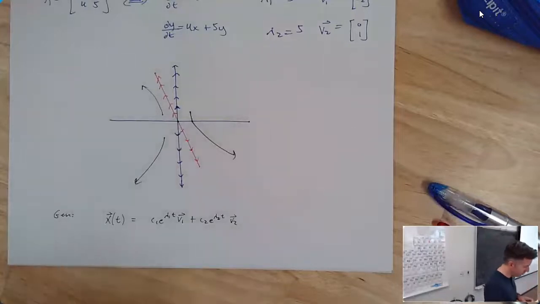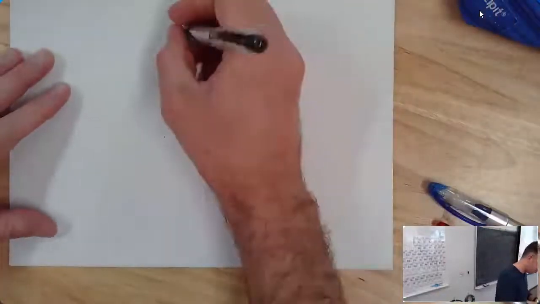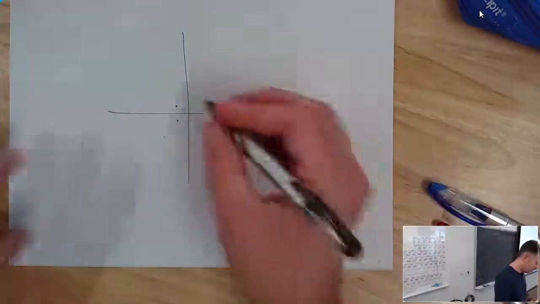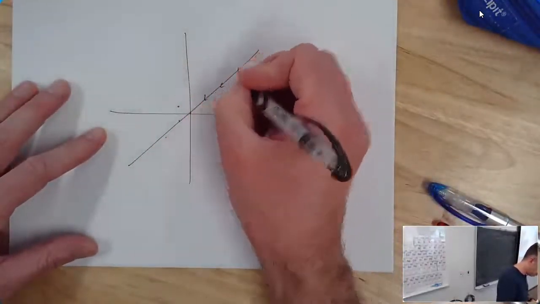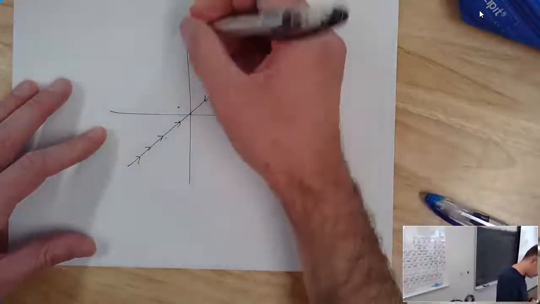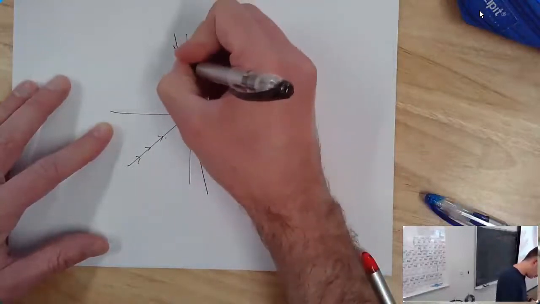But yeah, if both eigenvalues were negative, which I imagine he might ask, because this example didn't have one like that, let's say we had an eigenline like this where we're going in, and another eigenline maybe like this, also going in.